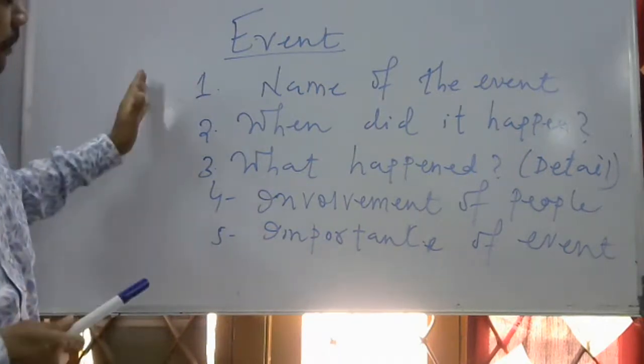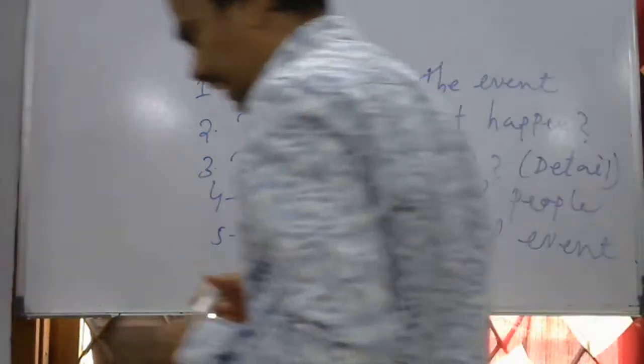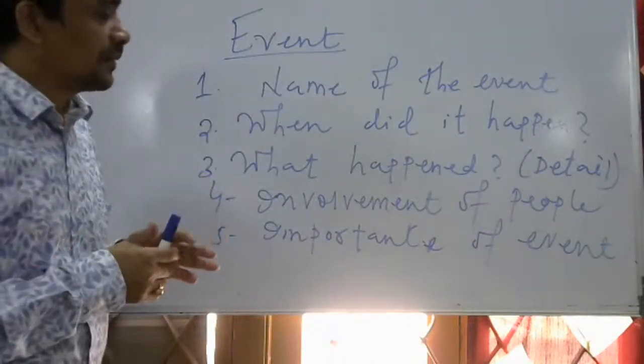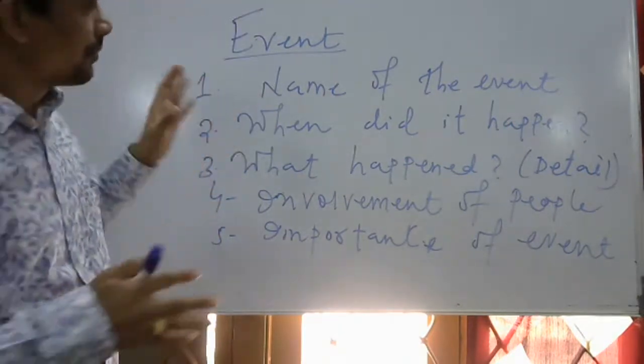Clear? For example, Yuvan was held in our school, so our school was the host school. Suppose I give you the question, write a factual description of the event Yuvan, which was held 2 years back.